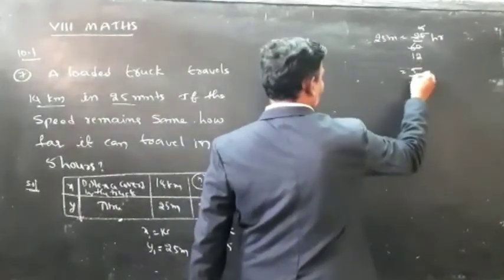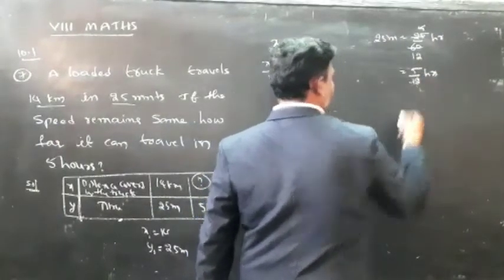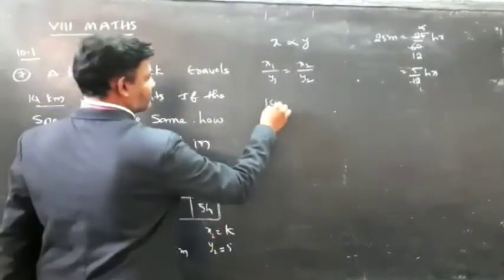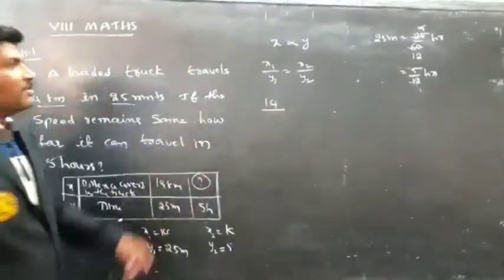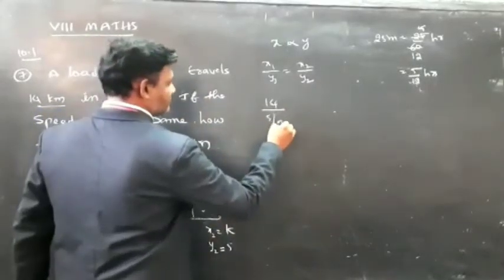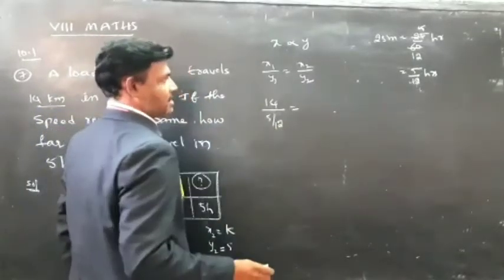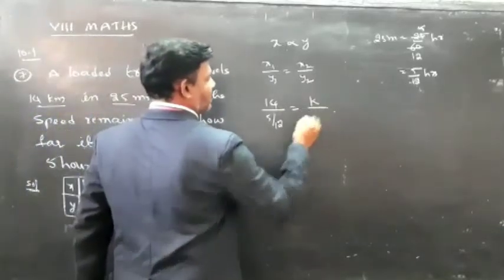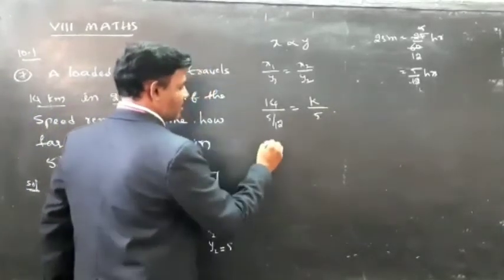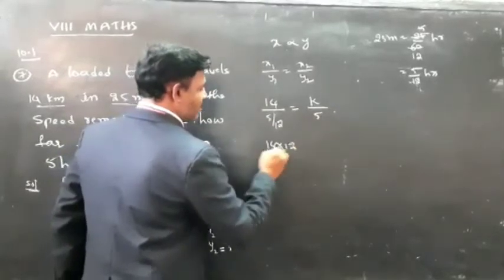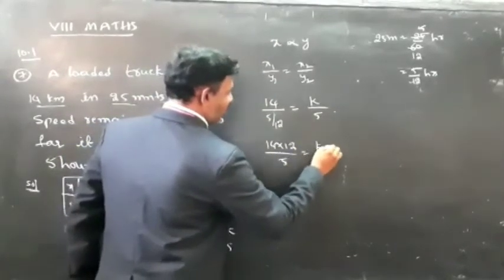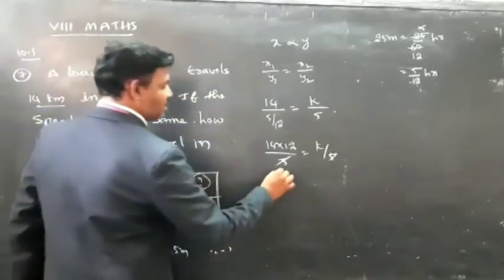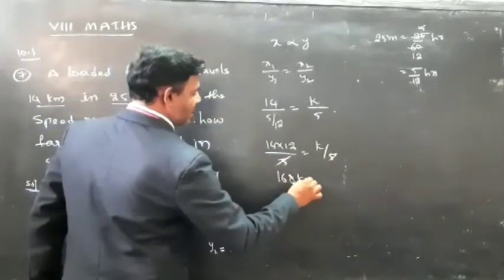It is nothing but 5 by 12 hours. Then x1 means 14, y1 means 5 by 12, x2 means k, and y2 means 5. Here 14 into 12 by 5 is equal to k by 5. 5 and 5 get cancelled. Now multiply both, you will get the answer 168 kilometers.